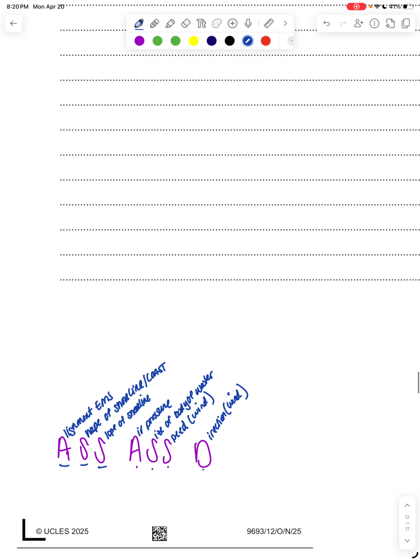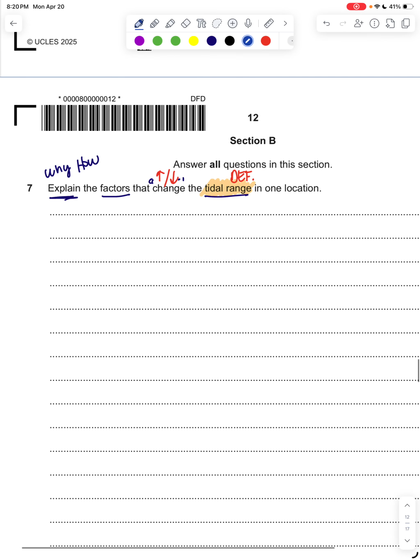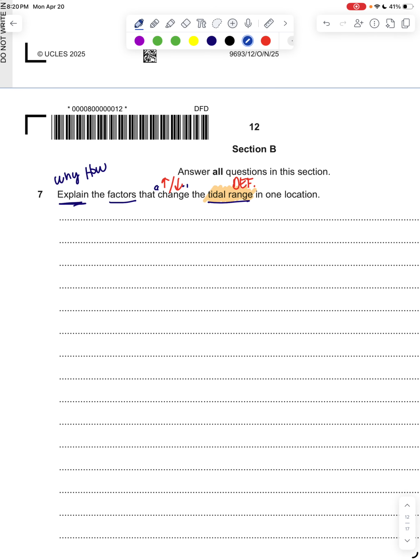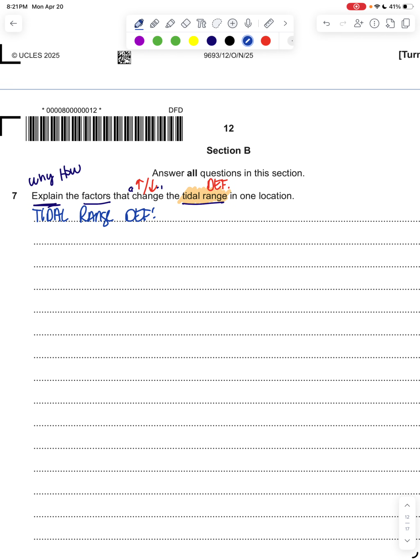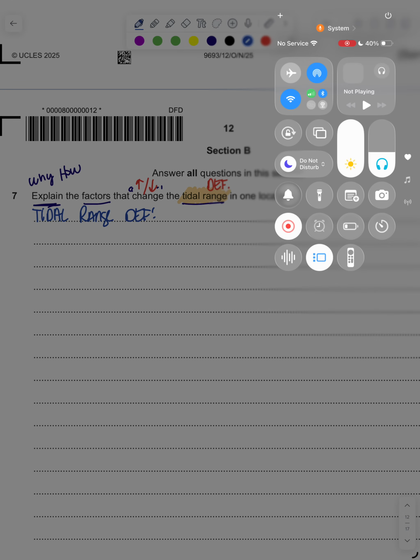All right, and we can frame this however we want. Explain the factors that change the tidal range. We're going to give a definition. Range is the difference, and we're measuring the tidal height. So it's the difference in high tide height from low tide height. Specifically, they're not asking for this, you don't have to say it, but I do encourage my students to say it so they can at least get it right if they have to calculate this.